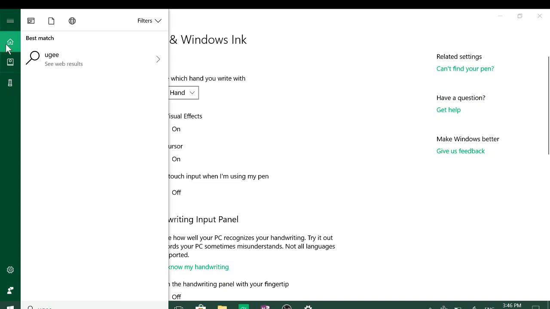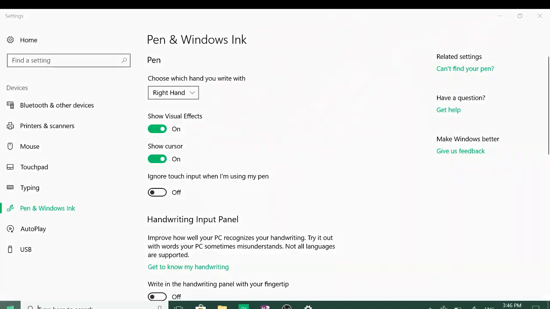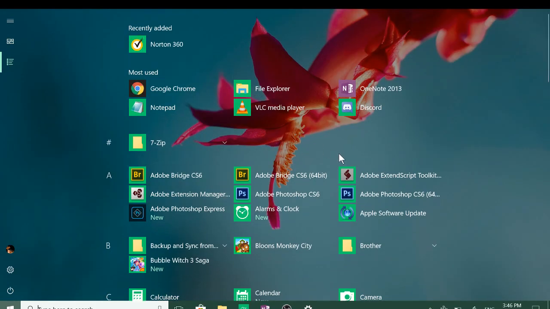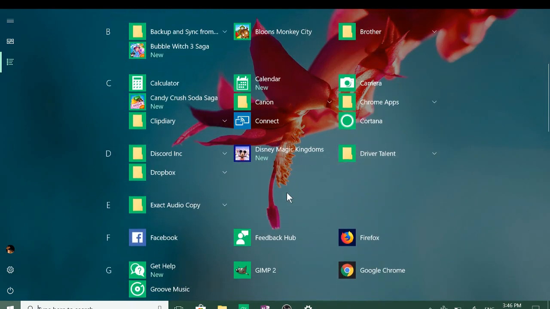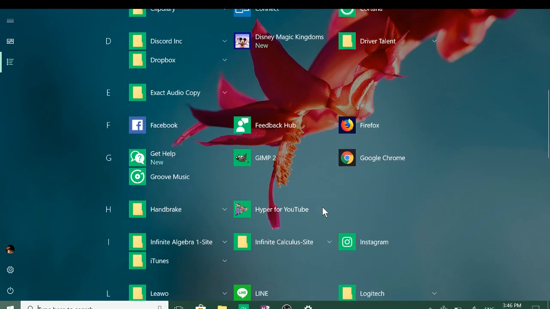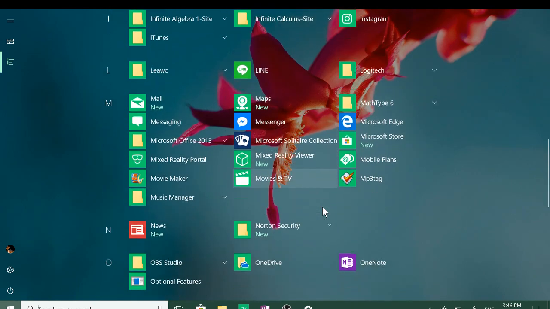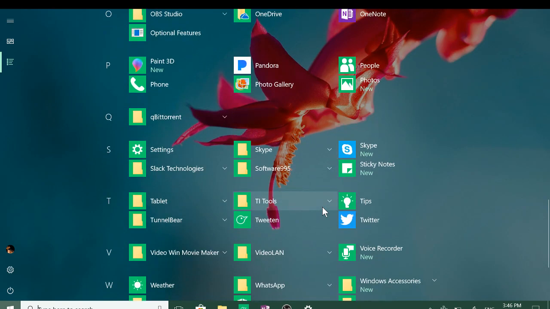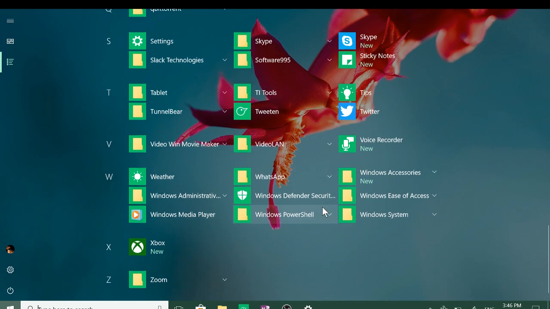All right. I'm just gonna do this one time, and then if I don't see it, we'll just continue. Where is it here? Do I have settings for the pen? Disney's Magic Kingdoms. I don't remember installing that. You have 3D paint? That's cool. Xbox.